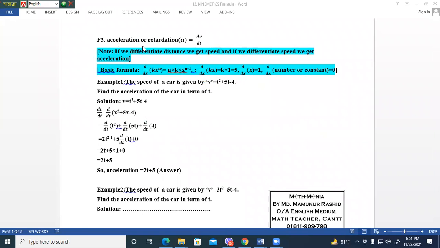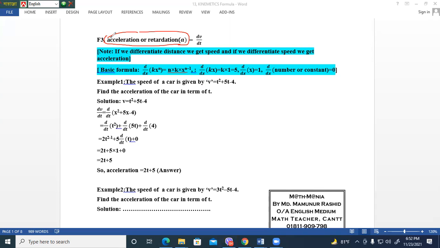Now this time, accelerations. I told you already, for differentiation, if you want to find the acceleration or retardation, my dear students, you have learned it. Acceleration means speed up and retardation means speed down with respect to time.